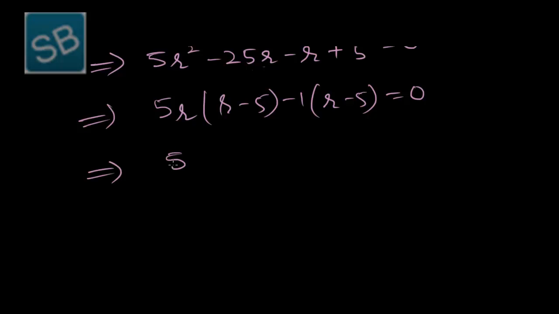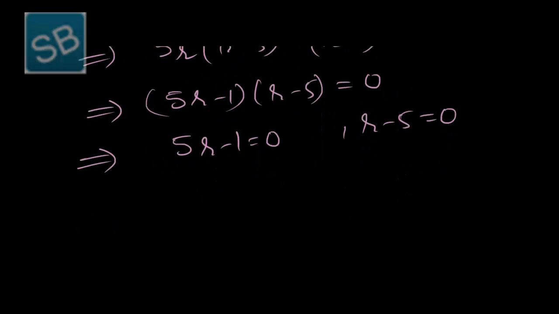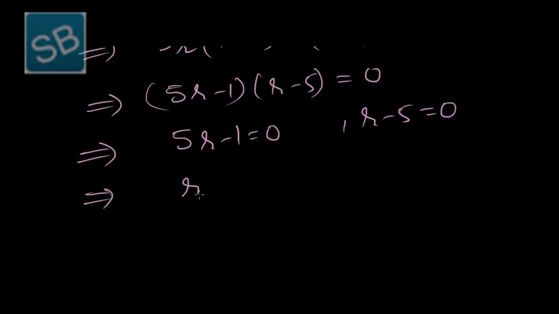That is, we get (5r - 1)(r - 5) = 0. From here we get 5r - 1 = 0 or r - 5 = 0. That gives r = 1/5 and r = 5.